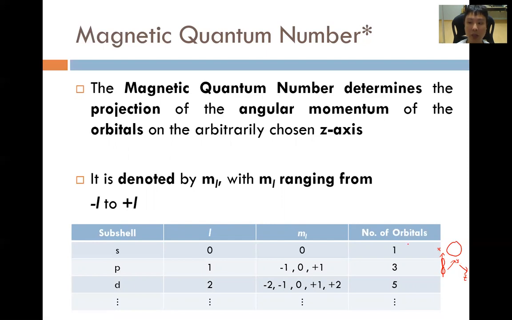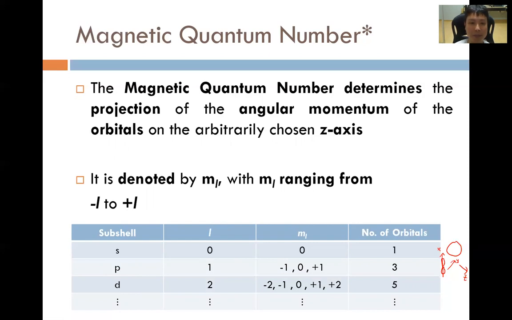Okay, so 3 p orbitals form a set of p subshell. And for d, if the L quantum number is 2, which corresponds to the d subshell, mL can range from -2, -1, 0, +1, and +2, which gives us a total of 5 orbitals that make up a set of d subshell. This will become clearer as we start to see the shapes of the orbitals in the next few slides.